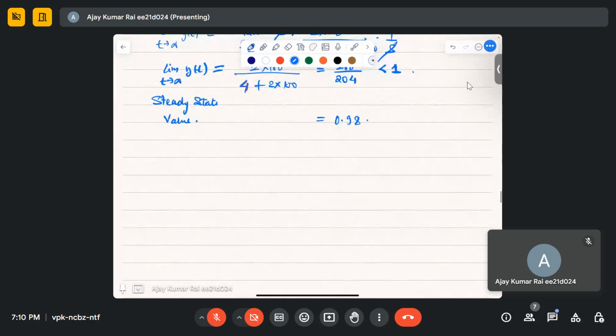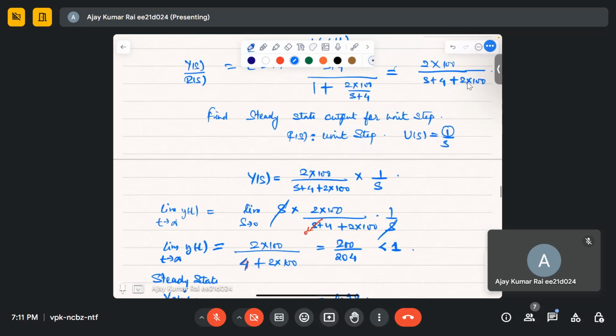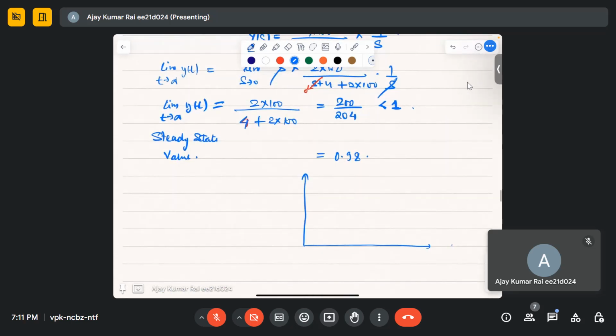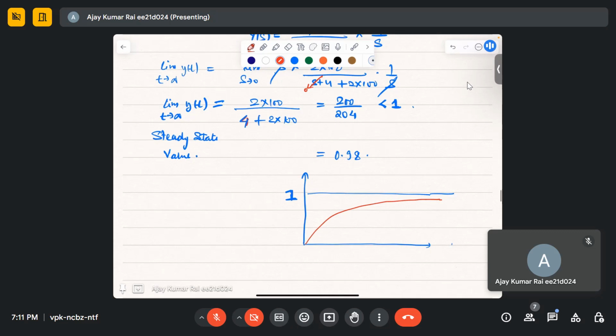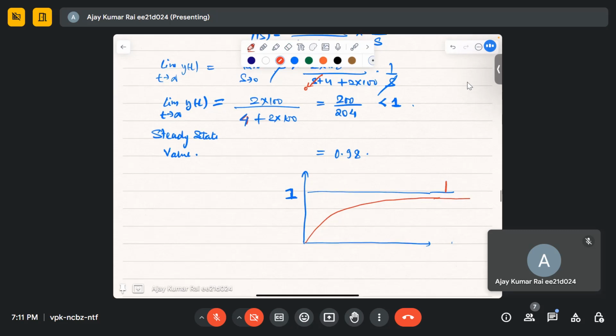Okay, so how the response will be? Okay, so your output should be equal to 1. Okay, but your input will be like this. So this is all approximate drawing. Okay, so at steady state, this will be like this.